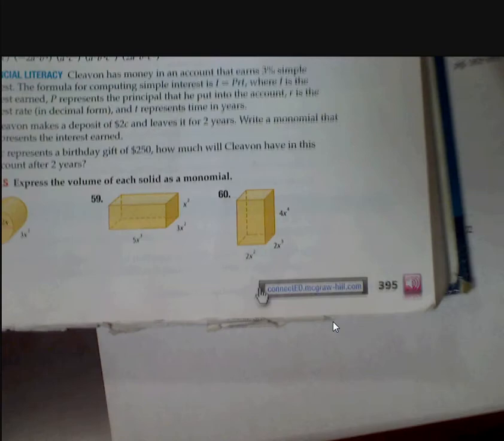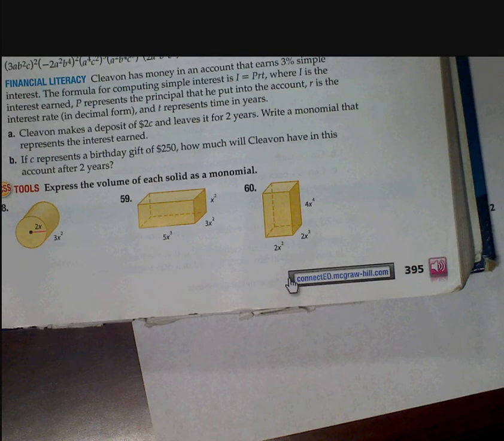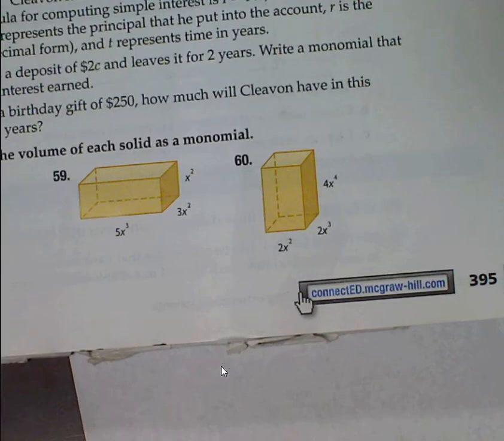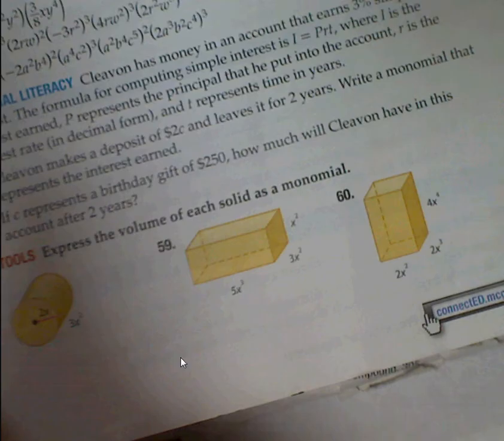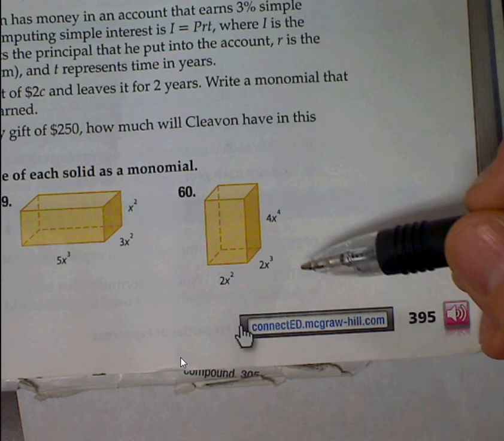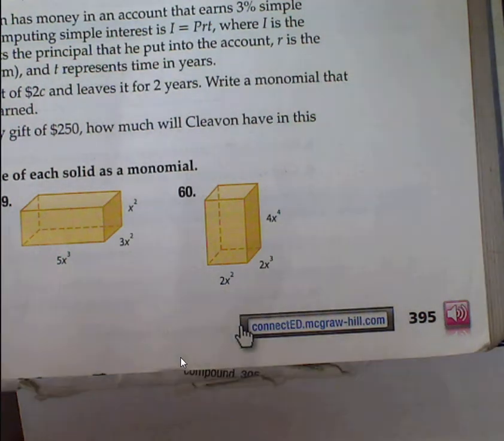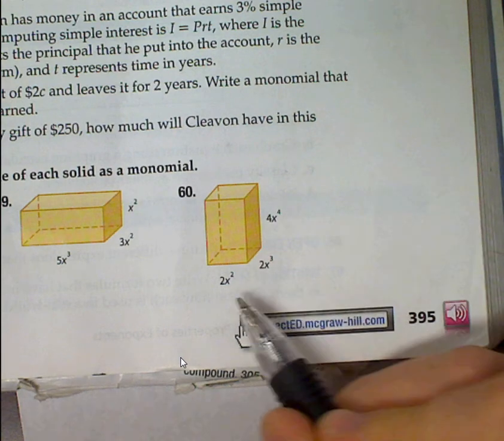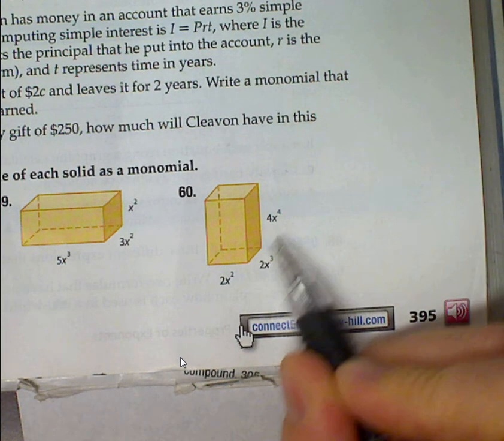Page 395, number 60. We need to express the volume of this figure. So I need to find the volume first, the formula, which is length times width times height. So I'm going to take this times this times this.